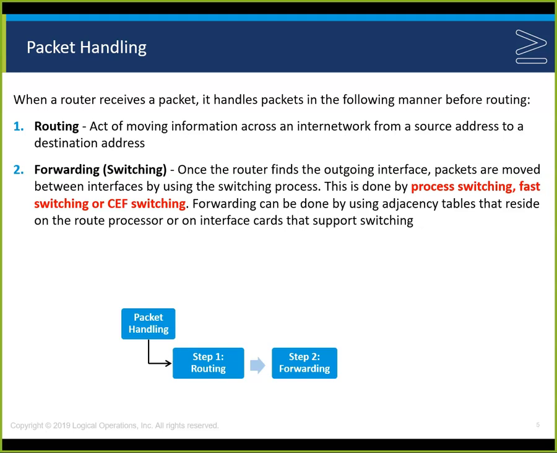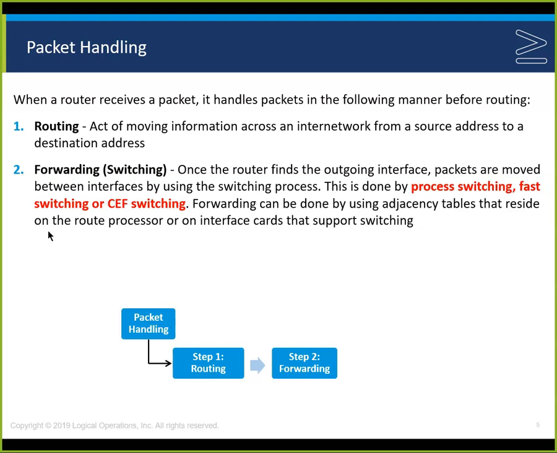Underneath the route table is this thing called the FIB, the forwarding information base. And the forwarding information base is going to have the information of which interfaces to switch the packets to, to send the packet out the correct interface, to send it on its way correctly.